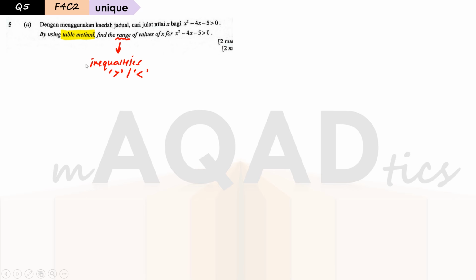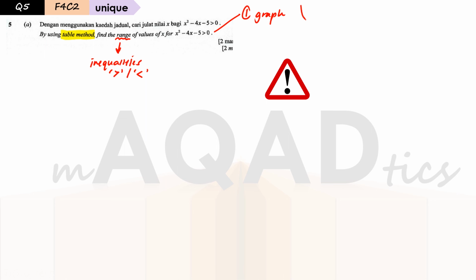Now the question tells us to use the table method to solve the quadratic inequality. But in fact, there are also other ways to help us solve quadratic inequalities. In total, there are 3 ways. The first way is using the graph method, which we use all the time, and it's the fastest way.